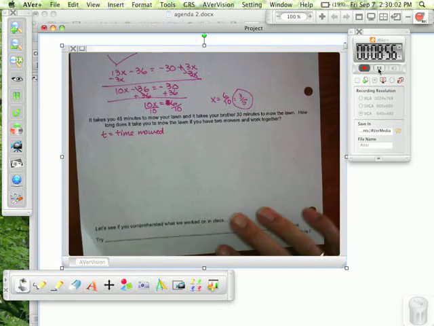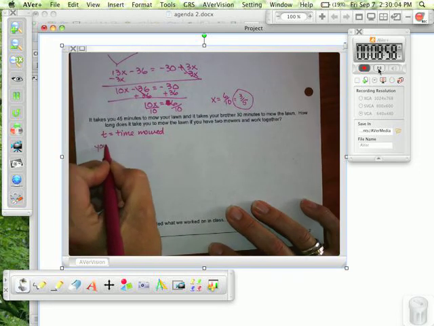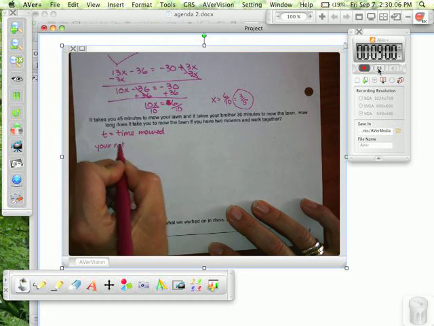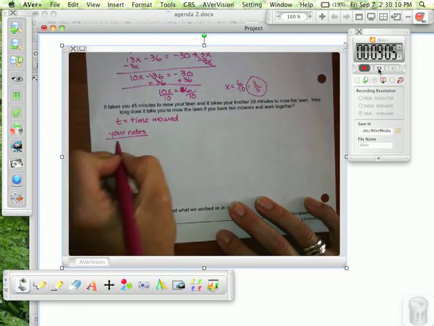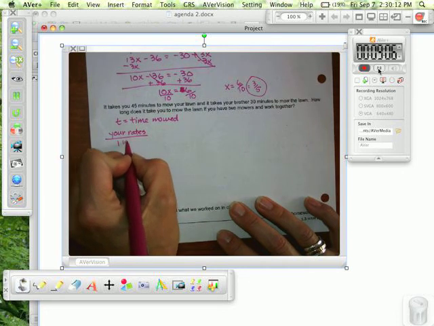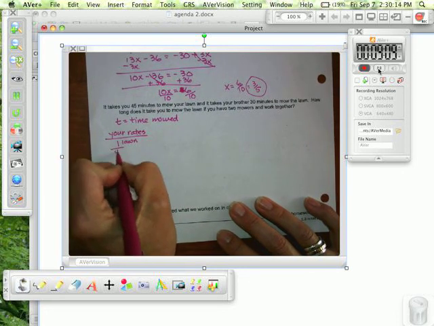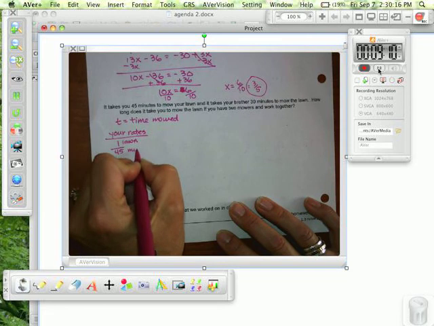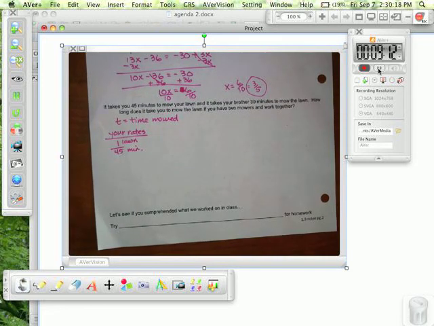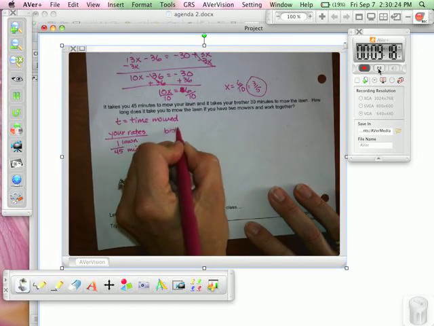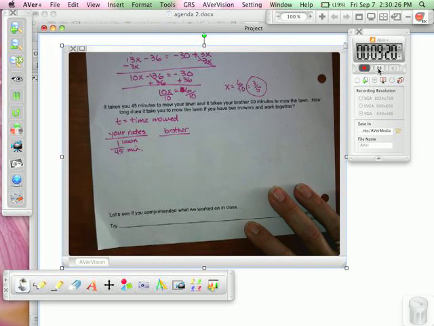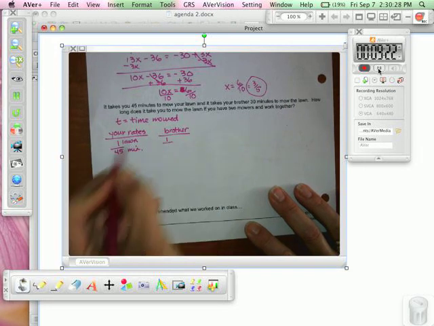Now, you got 2 speeds or rates here. Your rate is, now bear with me here, I can do 1 lawn per 45 minutes. 1 over 45 is your rate. Right? 1 lawn per 45 minutes. Your brother can do 1 lawn, how fast? 30 minutes.